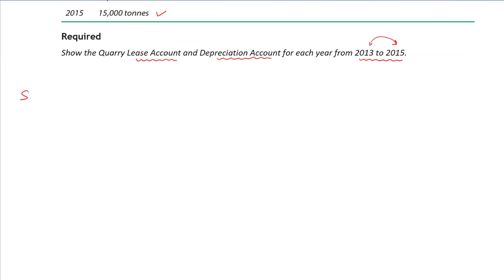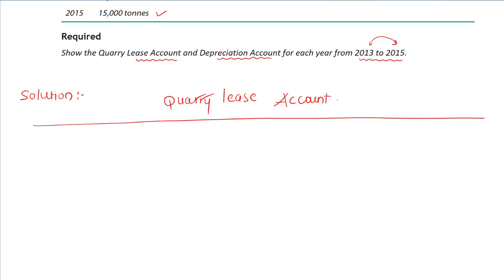Let us begin now. Solution. Quarry lease account.